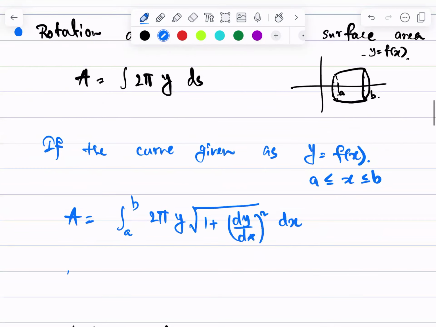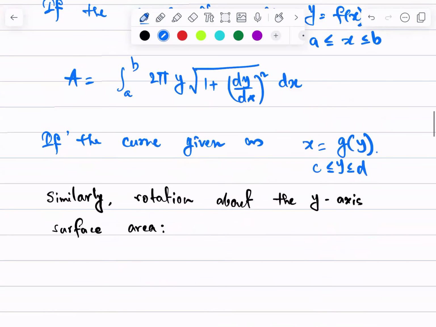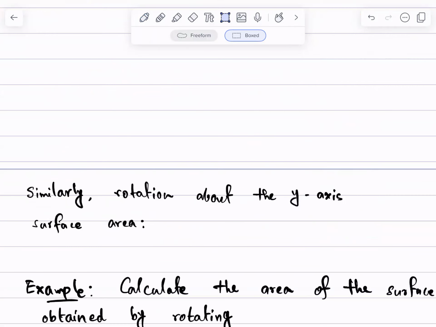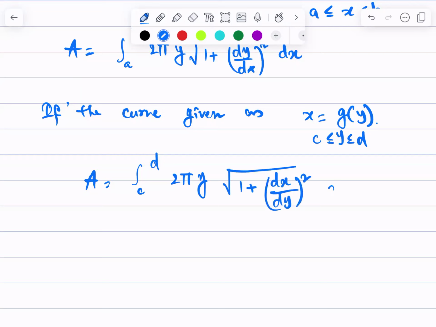Right? And if the curve is given as x equal to g(y), where y is varying from say c to d, then your surface area formula becomes the integral from c to d of 2 pi y times the square root of 1 plus (dx/dy) squared, dy.